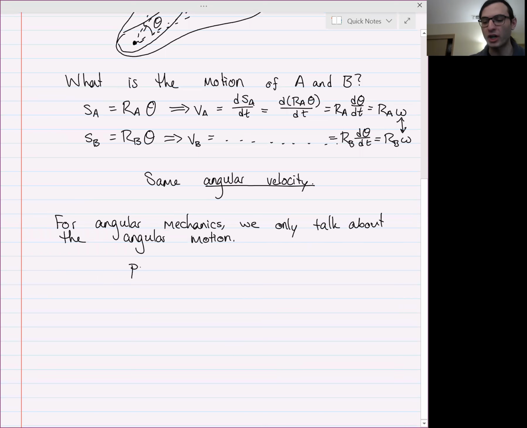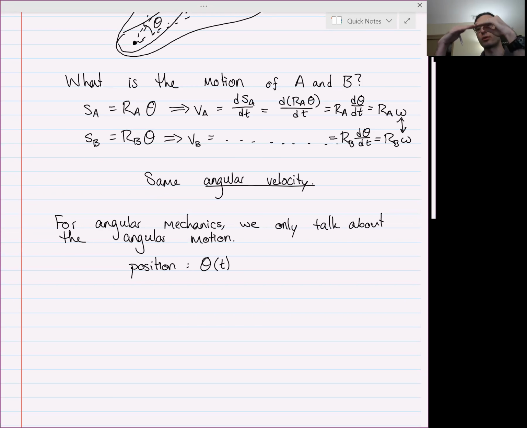Well, when we talk about the position, the angular position, by the way, all of these words I'm about to write, you might want to put angular or rotational in front of them in your head. So the angular position is just given by theta of t, where theta is some amount of radians that whatever object we're considering has deviated from some reference point.